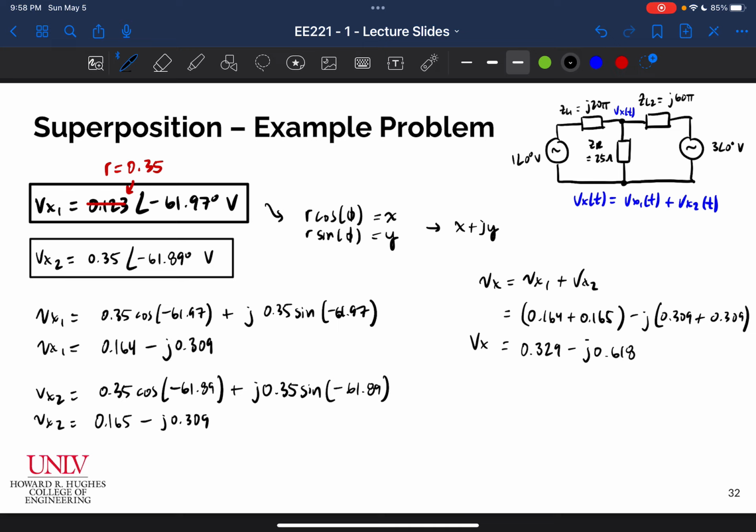And I can convert this into a phasor by R is equal to the square root of 0.329 squared plus 0.618 squared. Then I have to add those.